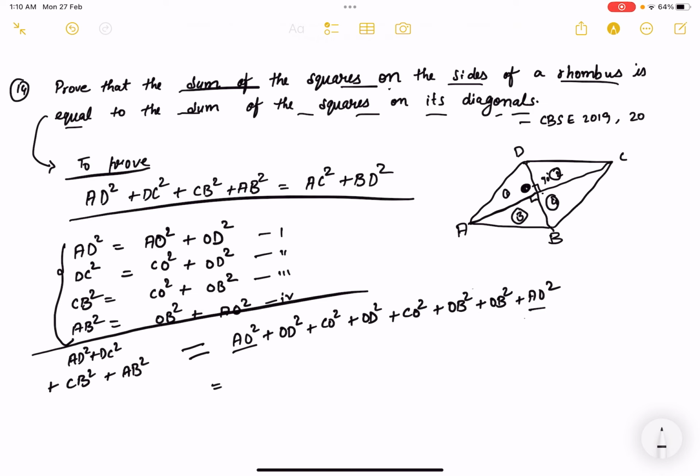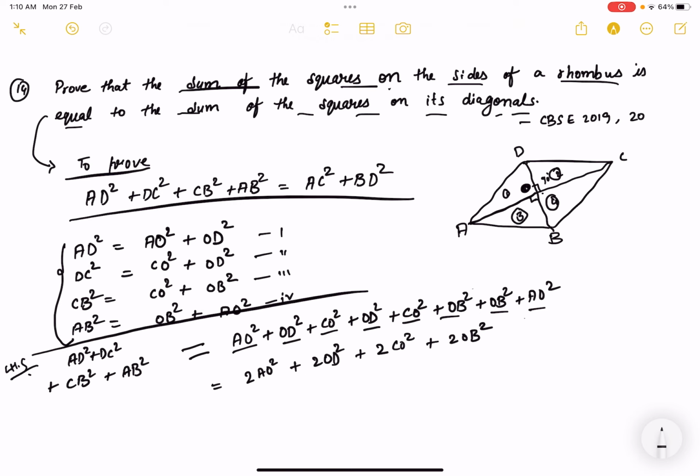Let the left hand side stay as it is, and solving the right hand side, we have 2 AO square, then 2 OD square, then 2 CO square, and at last 2 OB square.